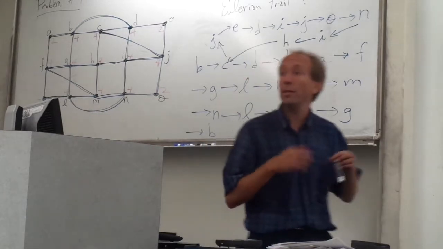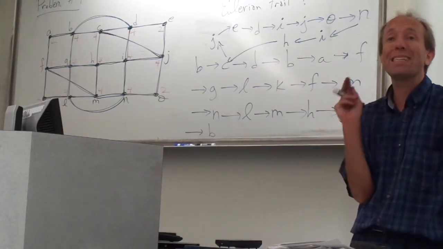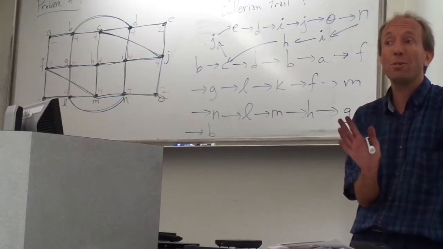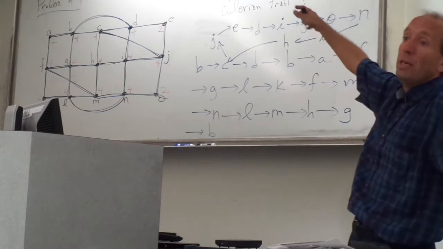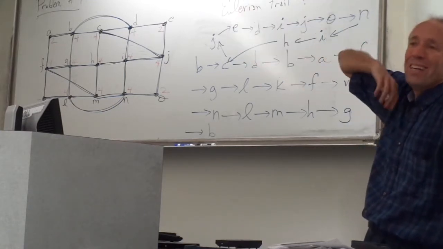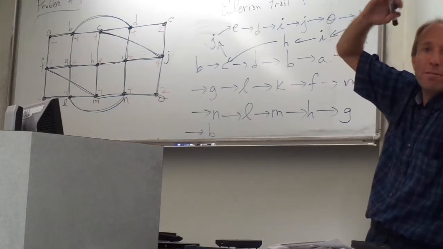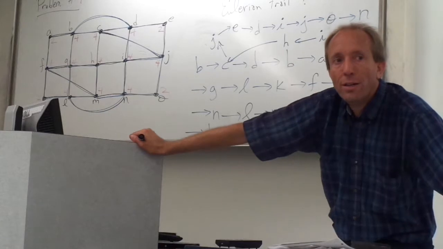Can you tell me anything that you would know already about a Hamilton cycle? Remember, you're visiting every vertex exactly once. That's a Hamilton cycle. The Eulerian trail in blue is using every edge exactly once. But a Hamilton cycle uses every vertex exactly once, but not necessarily every edge.